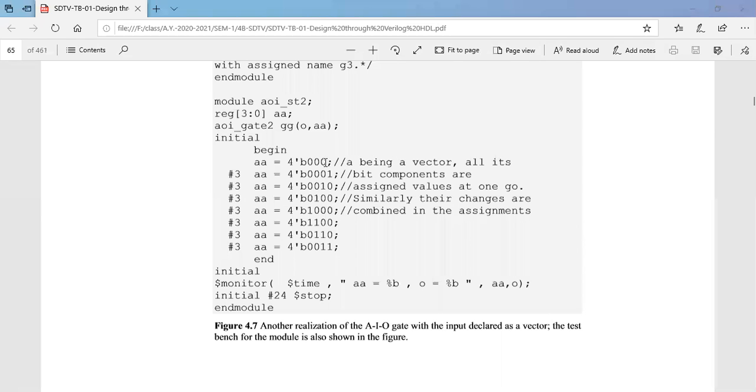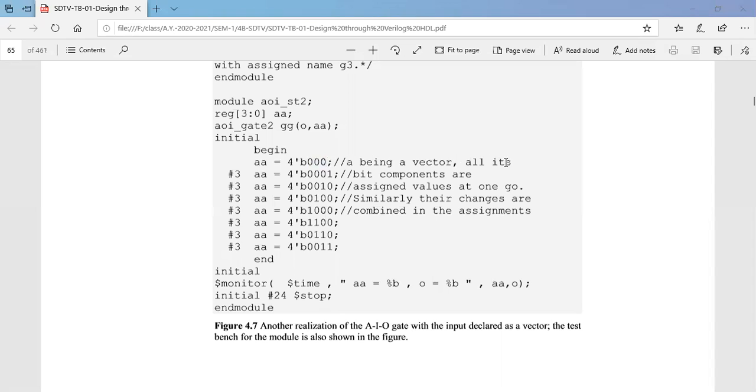We can correct it. It is a 4. What does this mean? AA is a 4-bit binary number, and the digits I am assigning are 4 zeros. Here 1 0 is missing. You can write it on your own there. Okay.